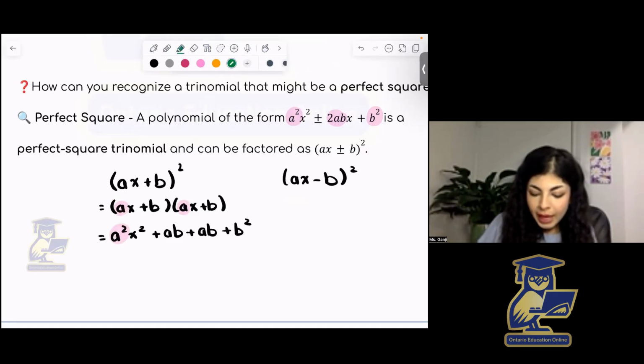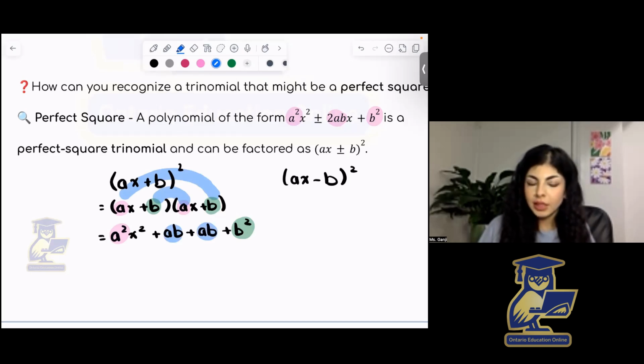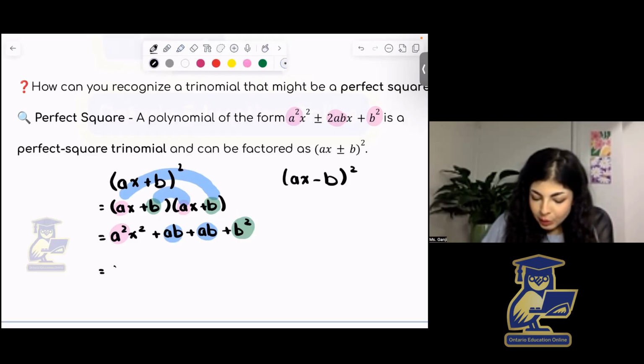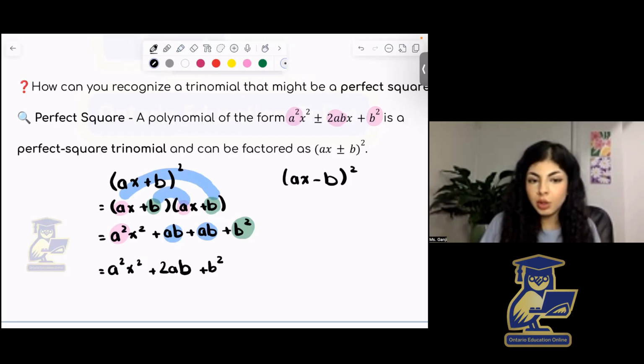And if you multiply the last terms, you get b squared. And if you multiply the inner ones or the outer ones, you get ab, but twice. So that is why we have that a squared x squared and the b squared at the end, and in the middle, it's 2ab, because we have two of those terms from the inside terms and the outside terms.